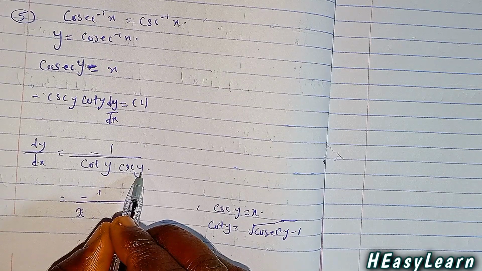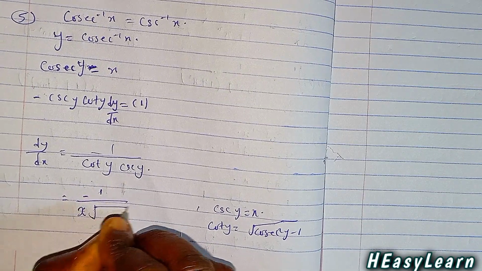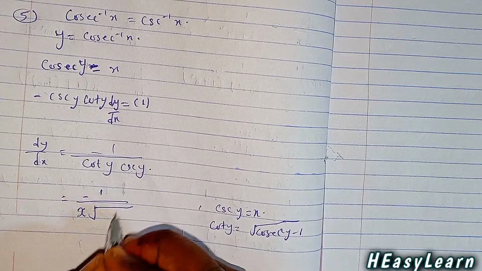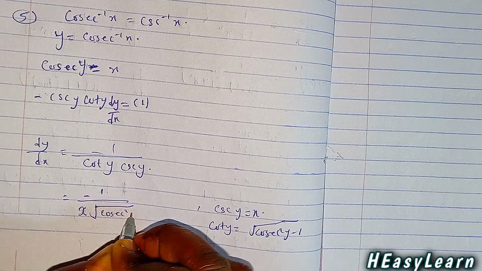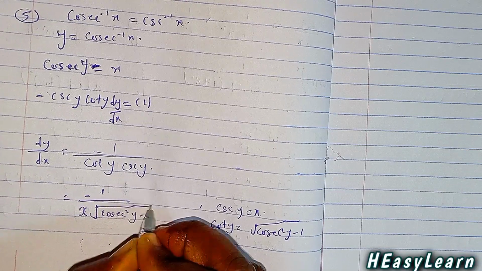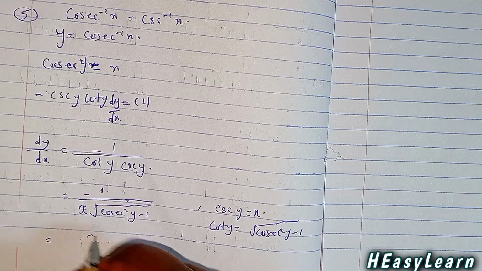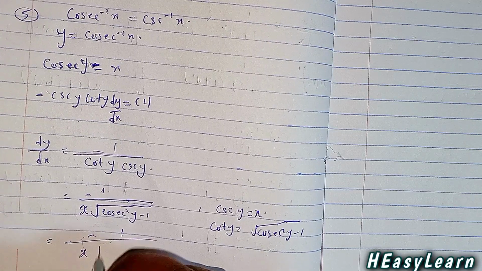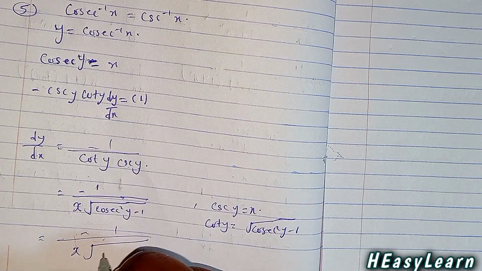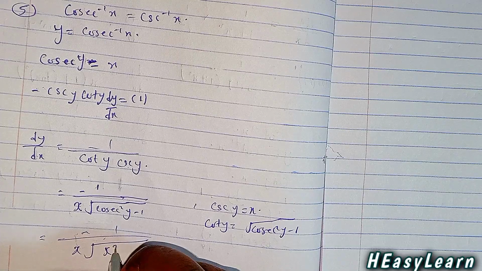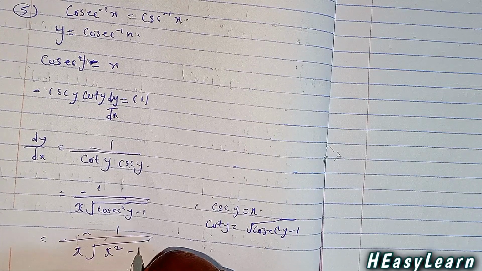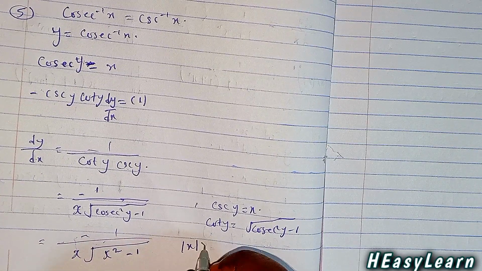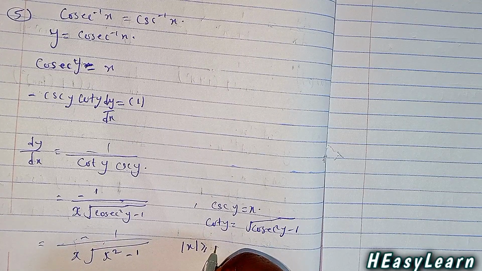In this case, this is the same thing as minus 1 over x square root of x square minus 1. Absolute value of x must be bigger than or equal to 1.